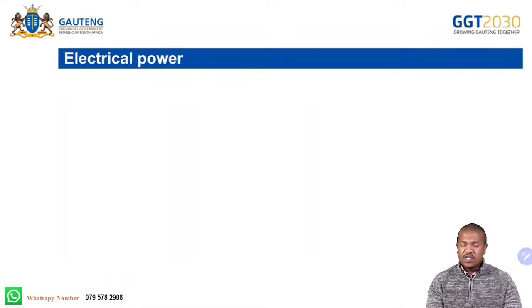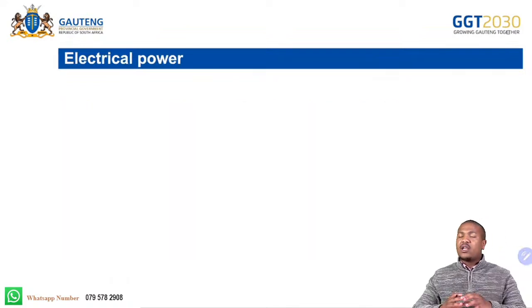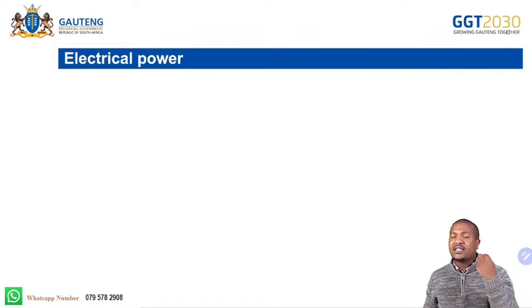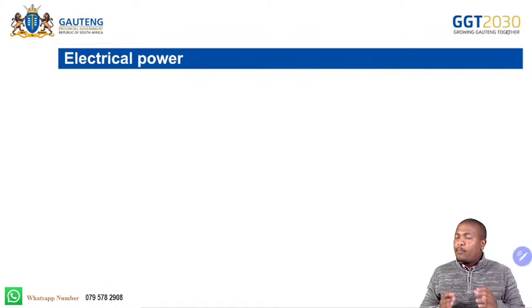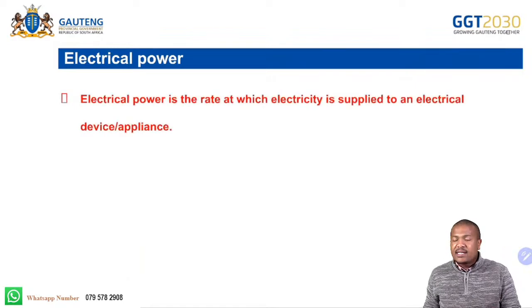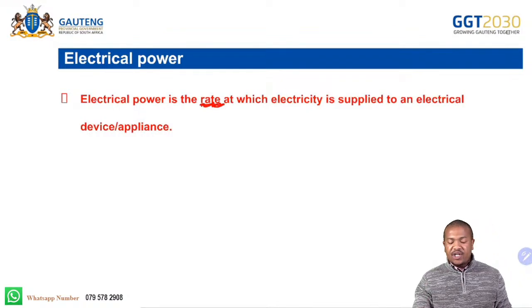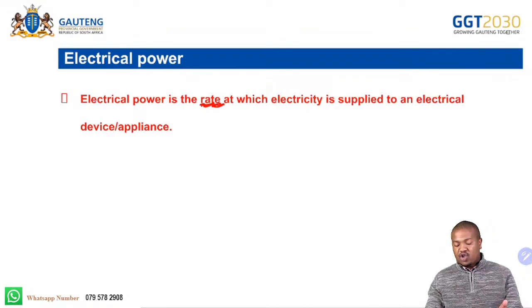Before we talk about the cost of electrical power, we need to understand what electrical power is. Basically, electrical power is the rate, how slow or fast, at which electricity is supplied to a device or an appliance.